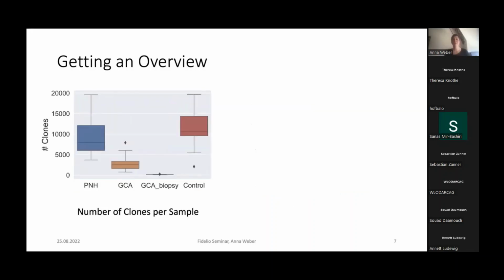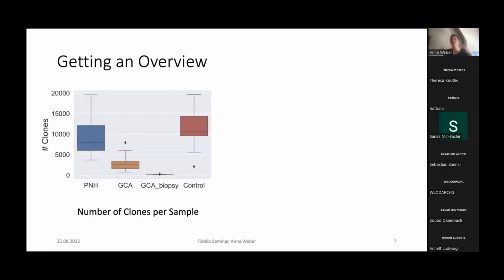And now I want to show you something where there's probably already an age-related influence that we're seeing. One very simple analysis that you can do is check how many different clones we find in each of these samples. How many different clones is also a measure of the diversity of your immune system, right?